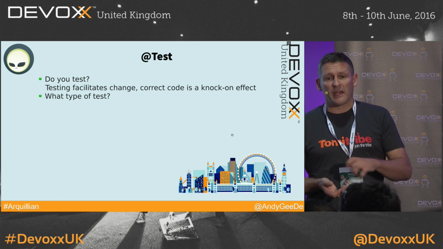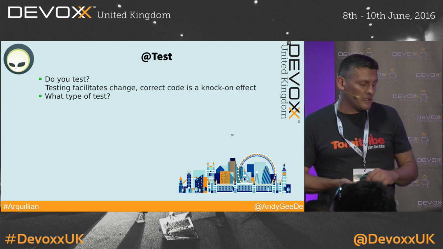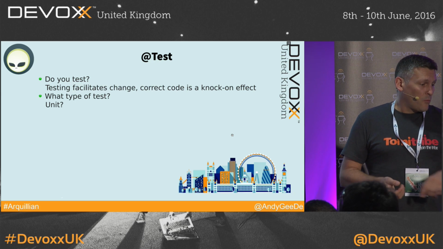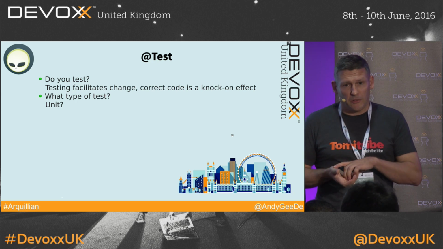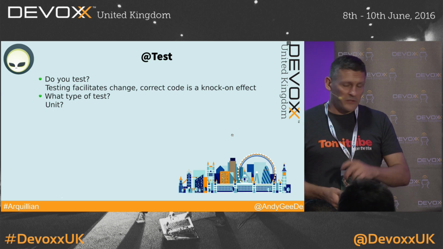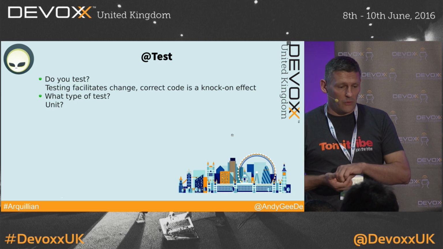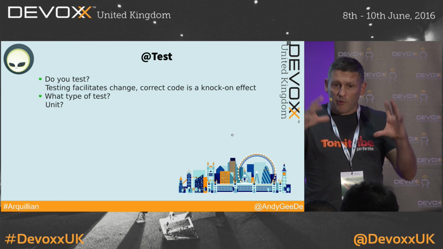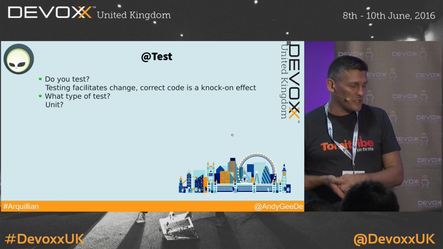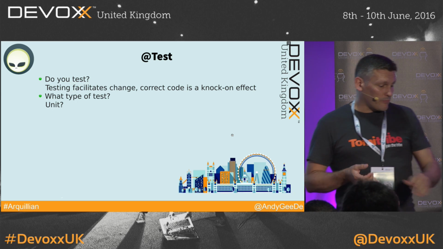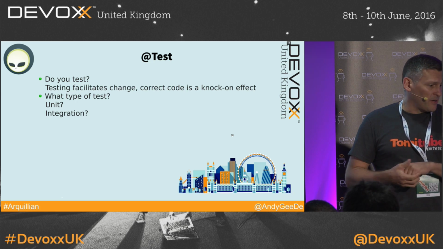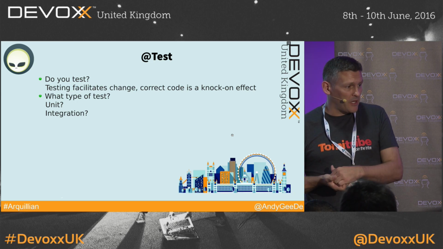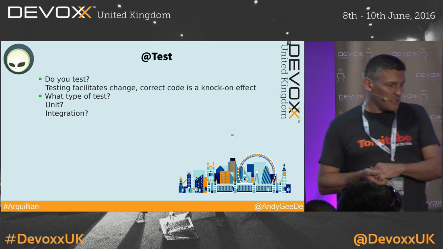So what types of tests are you actually doing? Some people focus on one or two different types of tests. We've got the classic unit test, whether that's a sociable unit test, one that collaborates with external resources, or a very simple unit test that doesn't communicate with anything other than itself.